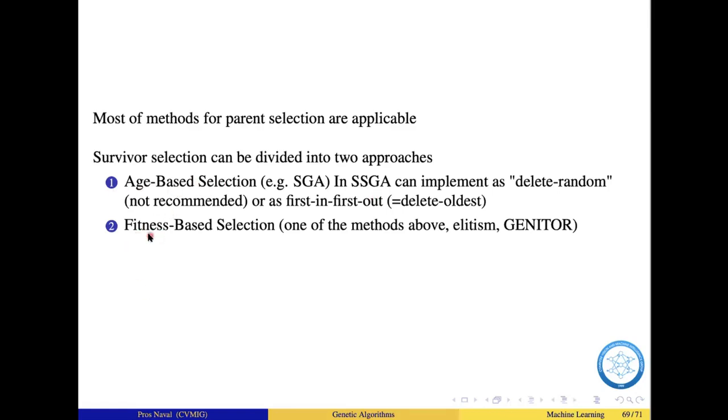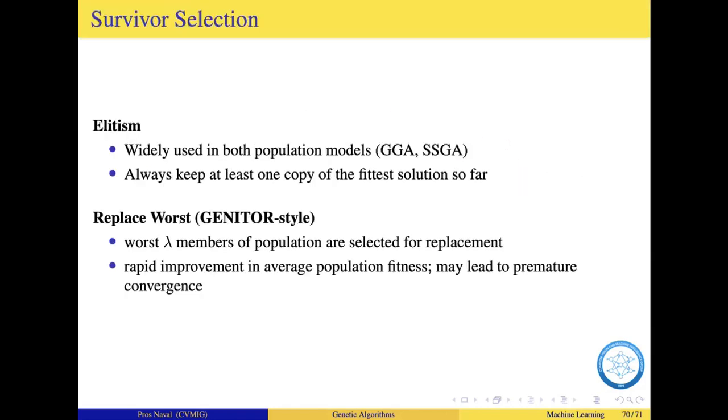Or it could be fitness-based selection, where you can use one of the methods described above, or elitism, or genitor, which is described in the next slides.